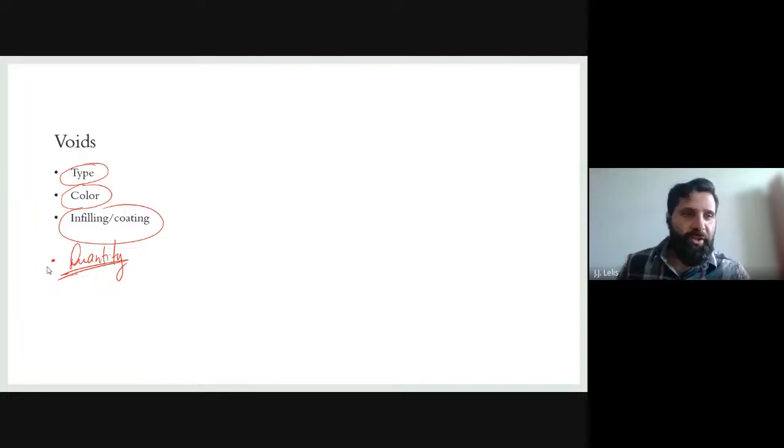How many voids could we identify? Okay, we have different types of voids. The Brazilians are not used to describing the type of voids, but if you are used to Soil Taxonomy or if you are used to the WRB system, you always describe the type of voids, and it is very important information that we should describe and we should register.